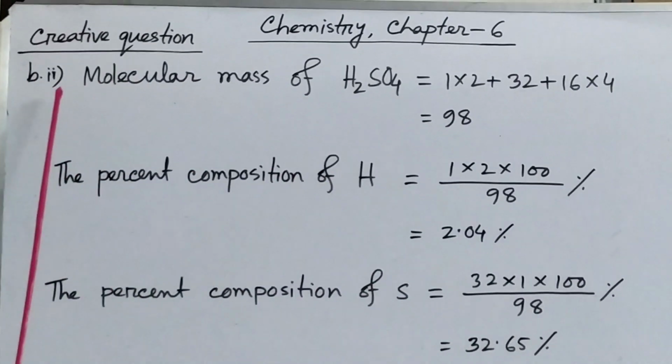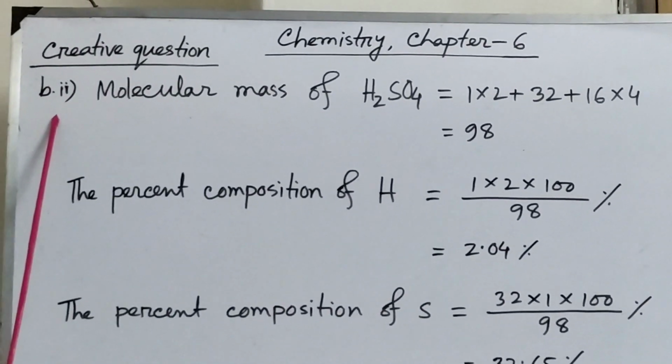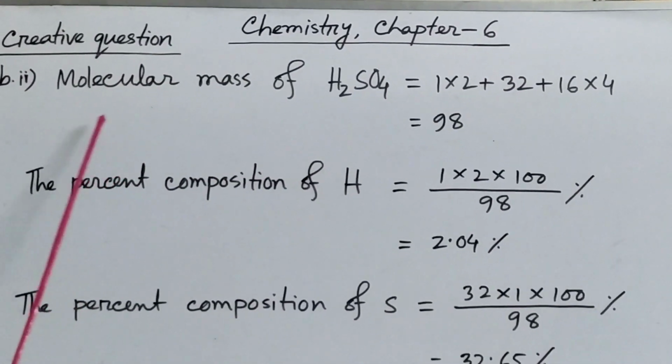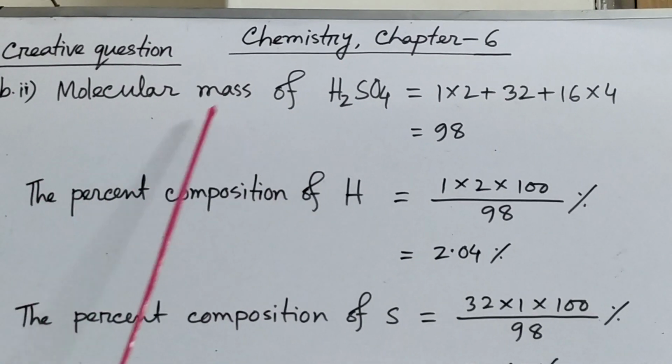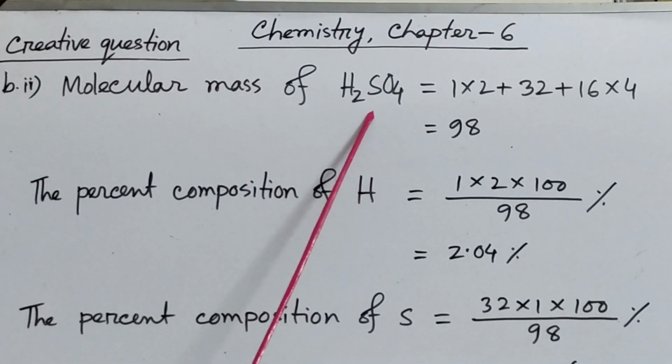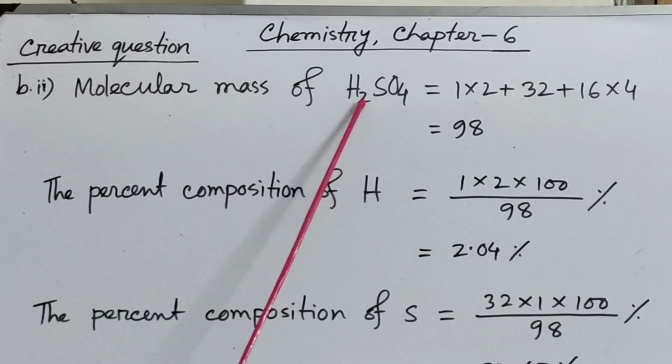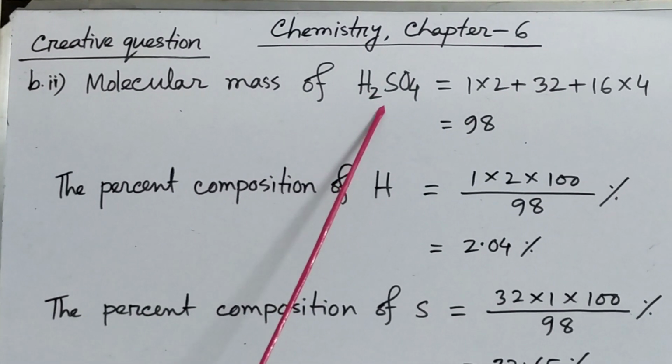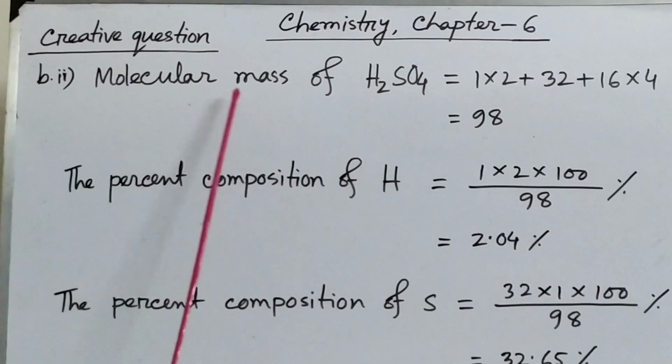Okay, now number 2 of B. I have given 2 questions in B. Now the second one, we have to find out the percent composition of hydrogen, sulfur and oxygen in sulfuric acid. So to find out the percent composition, at first we have to find out the molecular mass.